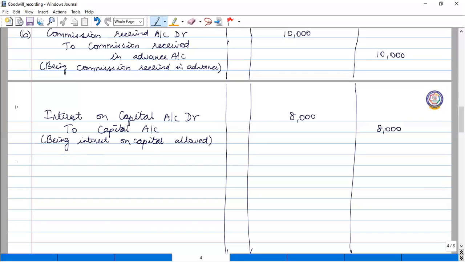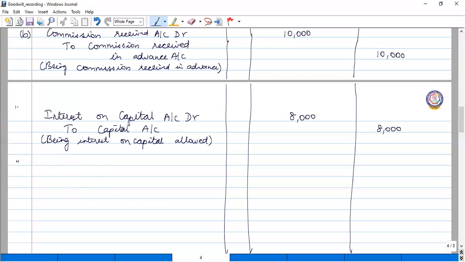Next is charge interest on drawings rupees 1,500. Interest on drawings is the interest which is paid by the proprietor to the business. So here it is a revenue.